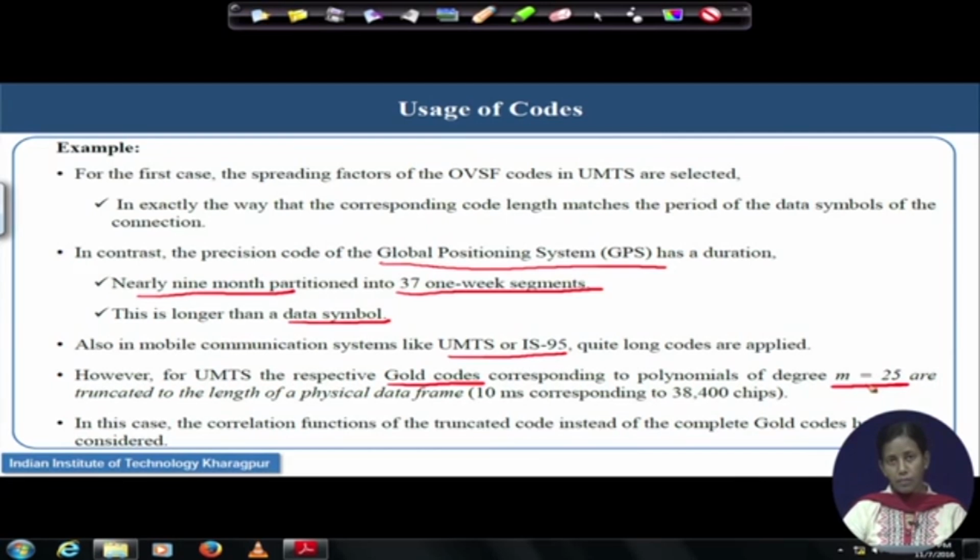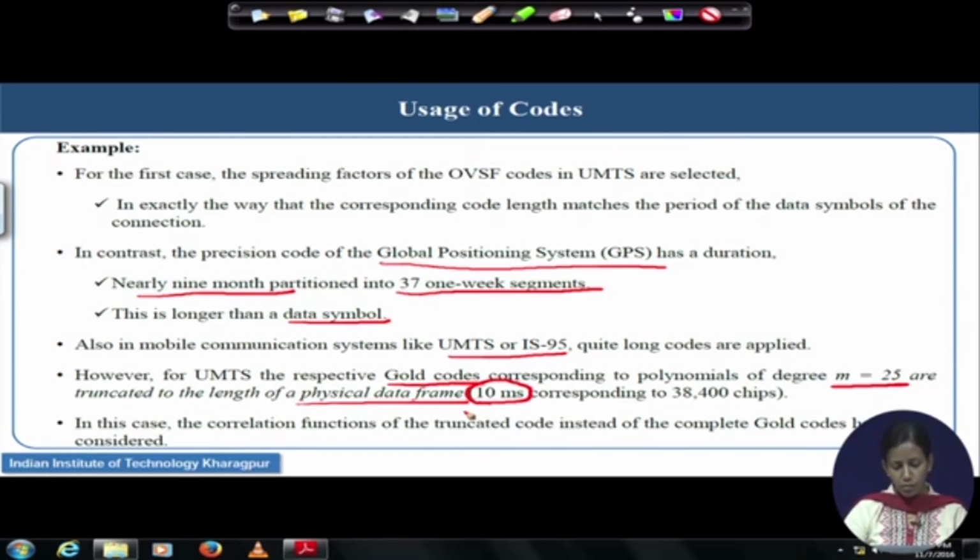Sometimes we generate a code of very long length, and then finally truncate it to form it in a usable format. In UMTS, such gold codes are truncated to the length of the physical data frame, approximately 10 milliseconds, and that is utilized in practice.